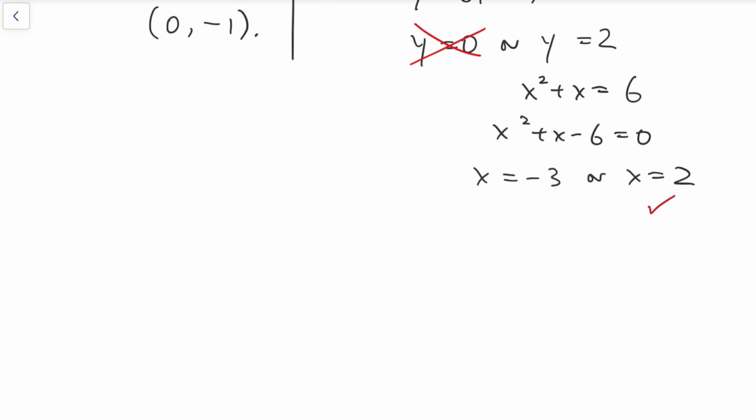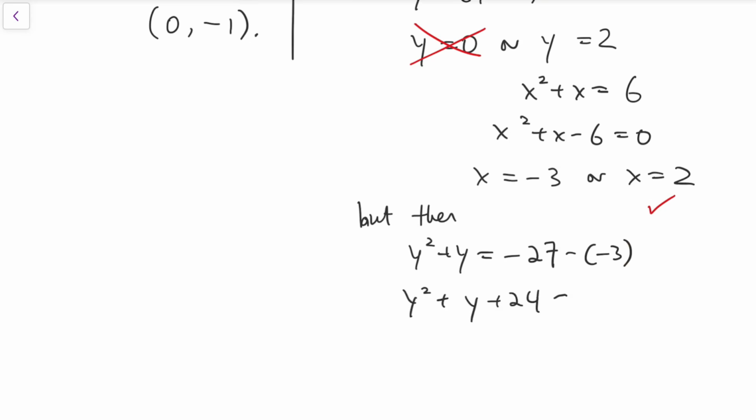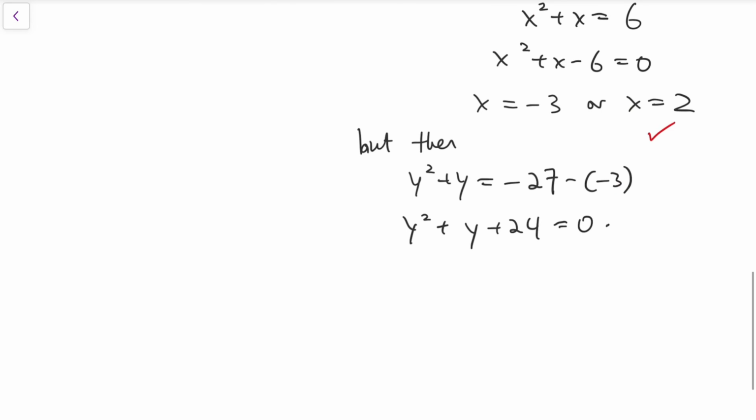But for x equals minus 3, by checking in the second equation, we notice that y squared plus y will be equal to minus 27 minus negative 3. So y squared plus y plus 24 equals 0. So there is no solution.